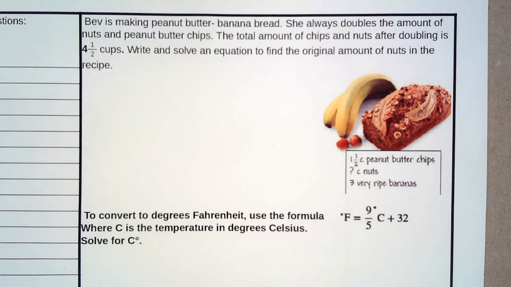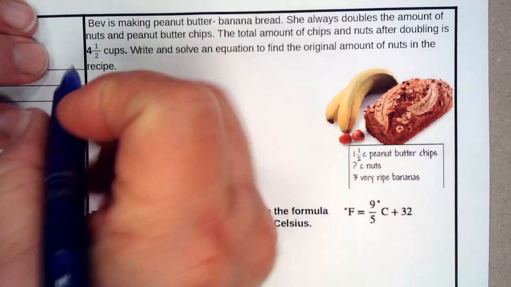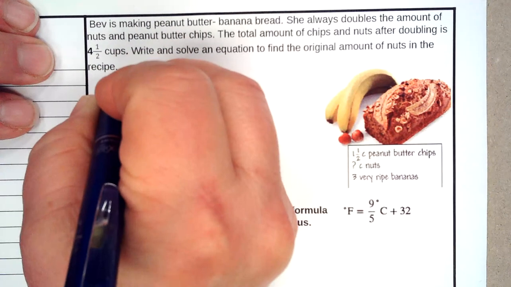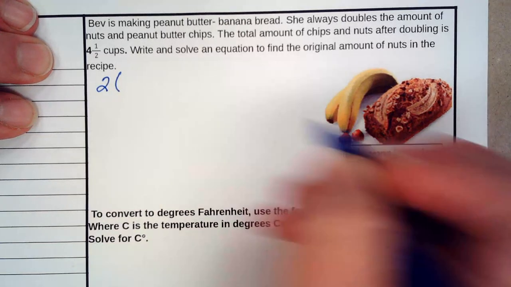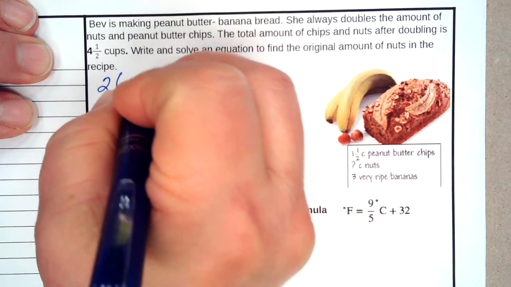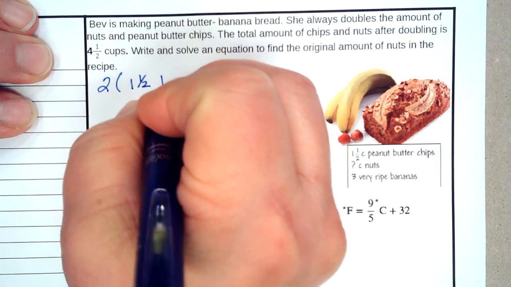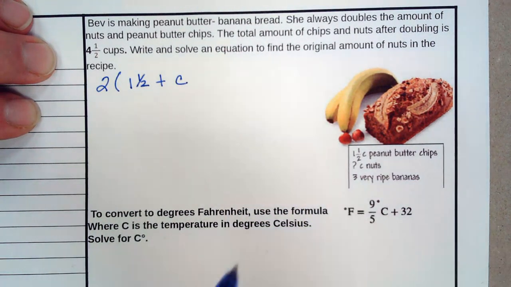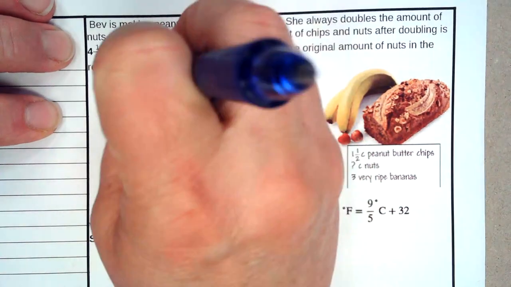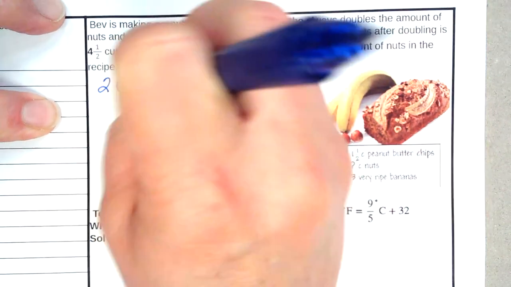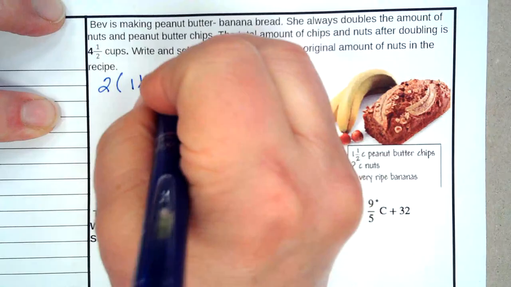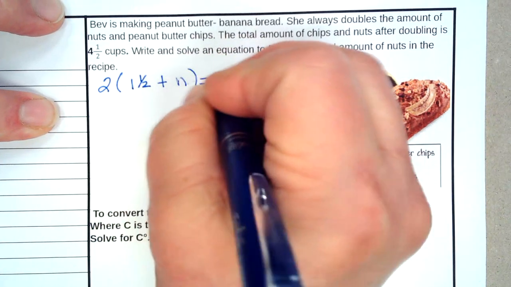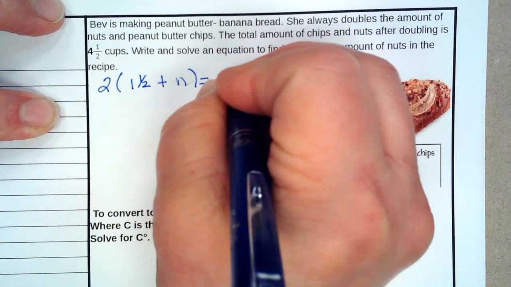Well, let's use improper fractions to get that practice. So we know that 2 times the original part, which is 1 1/2 cups of peanut butter, plus some number of nuts, we'll use N for nuts, is equal to 4 1/2 cups.